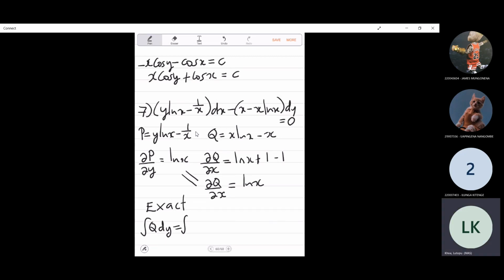Which is the integral of x ln of x minus x dy, and this is xy ln of x minus xy, and then I add some function of x. Okay, so this represents my f, and what I need to do is differentiate this f with respect to x and then equate it to this one.